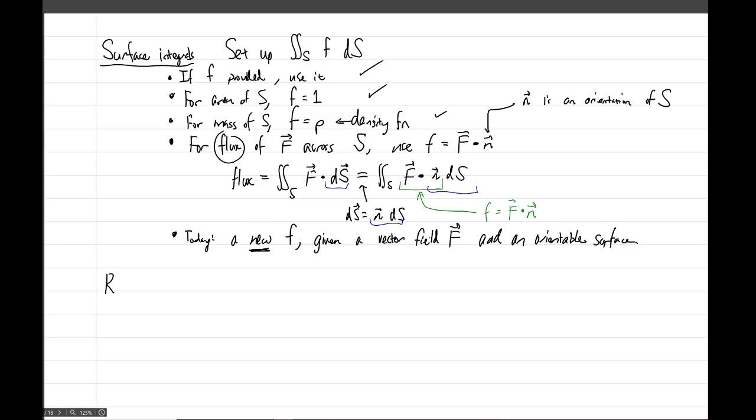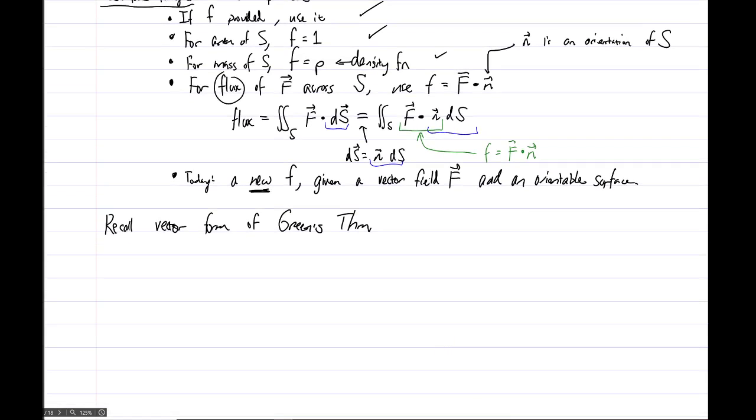So first of all, I'd like to recall the vector form of Green's theorem. So this was to try to make Green's theorem easier to remember. And it looked like this.